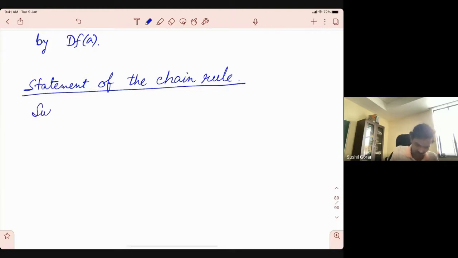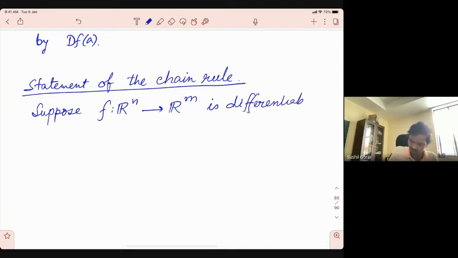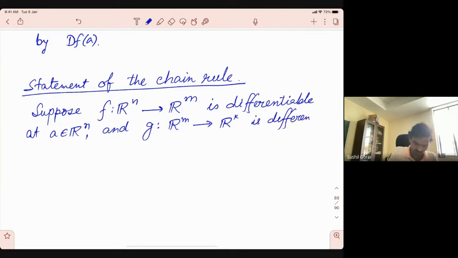So suppose f from Rn to Rm is differentiable at a in Rn, and g from Rm to Rk is differentiable at f(a).